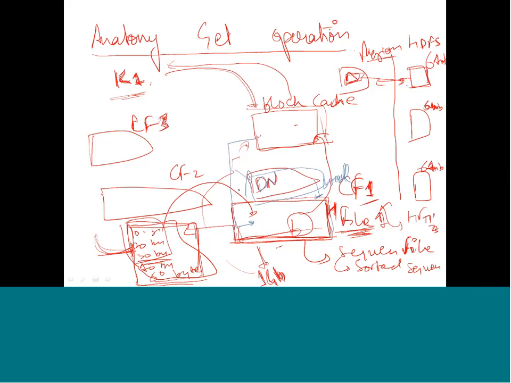So the second thing, the whole thing about local or remote, is called a read short circuit. This also governs what kind of speed you can achieve for your get operations.